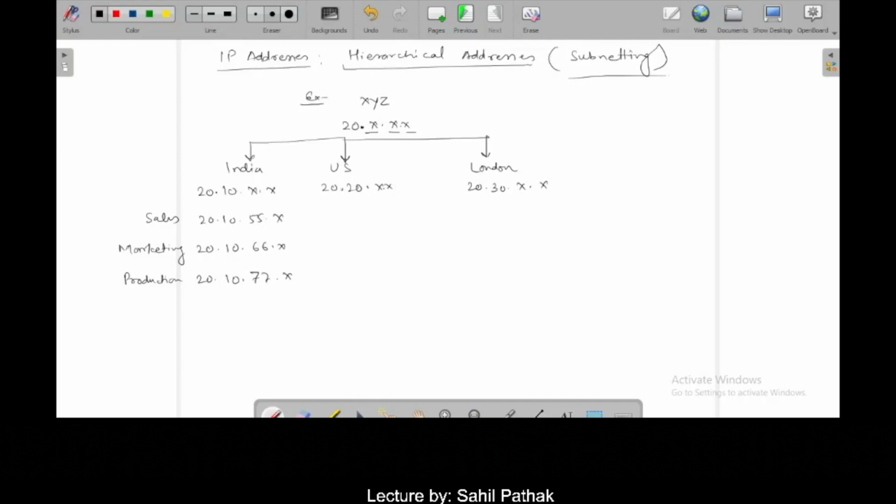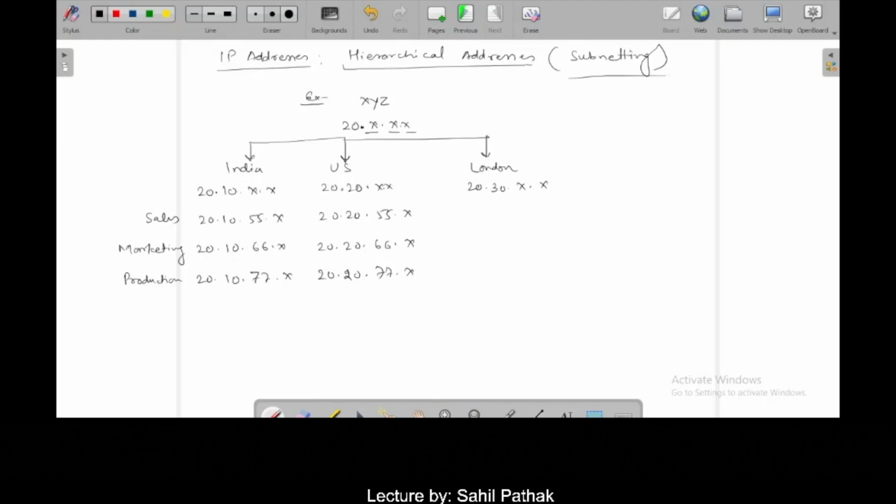Similarly, the US office has the same three departments: 20.20.55.x, 20.20.66.x for marketing, and 20.20.77.x.